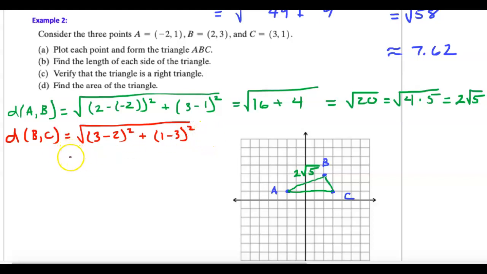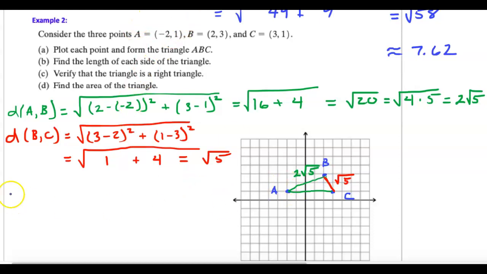And if I simplify this, I get the square root of 1 squared, which is 1, plus -2 squared, which is 4, and then this equals the square root of 5. So this side is square root of 5.